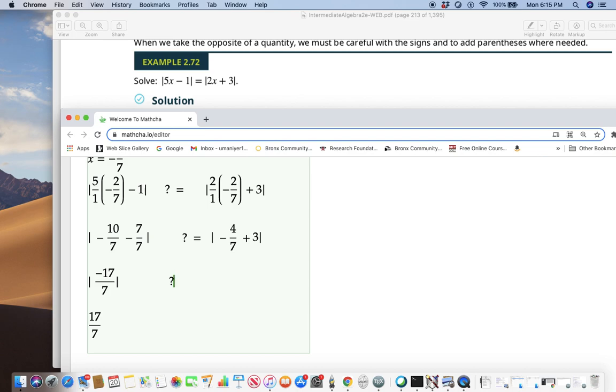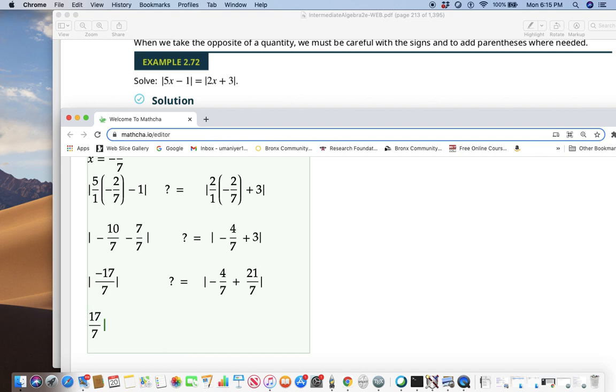What happens here? We are still checking. Negative 4 sevenths plus 3. I need a common denominator of 7. How do I get it? This 3 is nothing but 3 over 1. Multiply by 7, numerator and denominator. So 3 times 7 is 21, and 1 times 7 is 7.